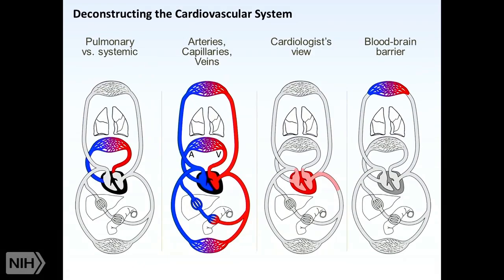biases. So the oldest classification system, which dates back to the discovery of the circulation in the 1600s and is favored by our pulmonary colleagues, separates the cardiovascular system into a pulmonary or lesser circulation and a systemic or greater circulation. Now, the importance of this schematic is that it emphasizes the role of the lung in the pulmonary circuit in revitalizing or reoxygenating blood as it makes its journey through the body.